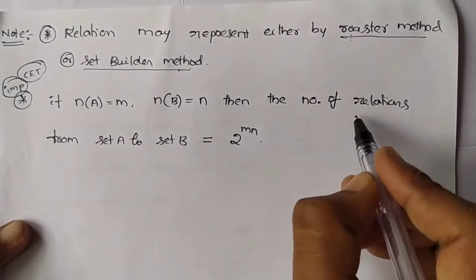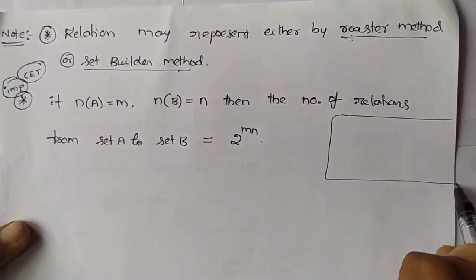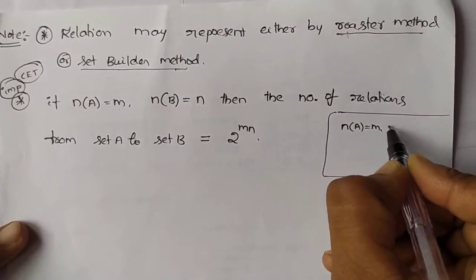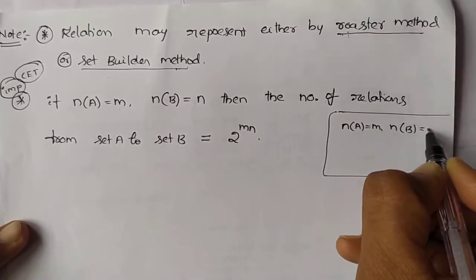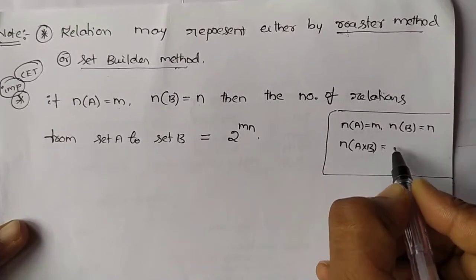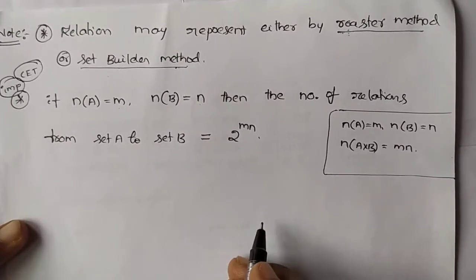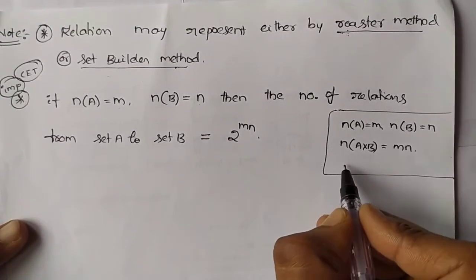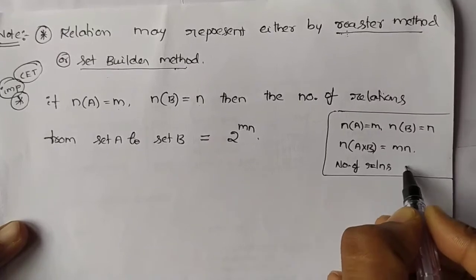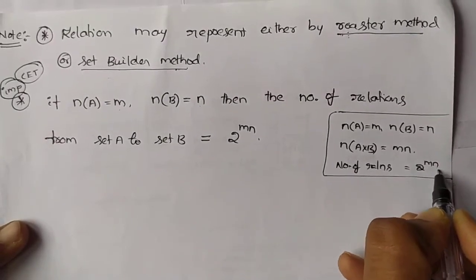You just recall the concept of Cartesian product. If the number of elements in set A is m and in set B is n, then the number of elements in A cross B is m into n. Therefore, the number of relations is 2 power m into n.